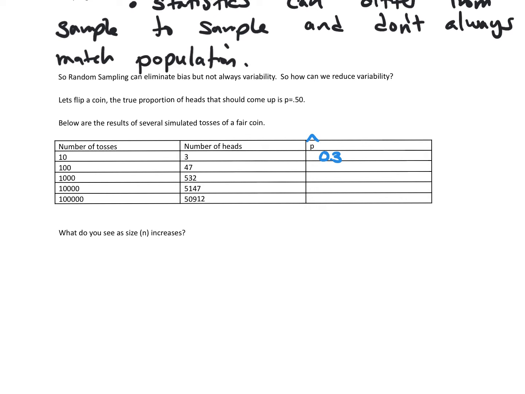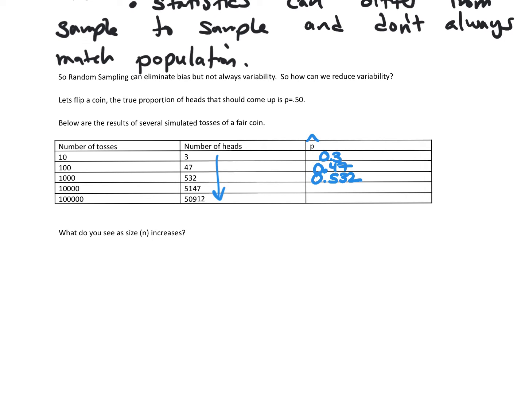Now, if I'm off by 3 heads when I flip it 100 times, you'll notice I get 47 out of 100. That's 0.47. If I flip it 1,000 times and get 532 heads, then I'm at 0.532. And you can see as I go up this, I'm getting more and more heads than I should. I've had 2 more, or 3 less, 32 more, 147 more, 912 more than 50%.